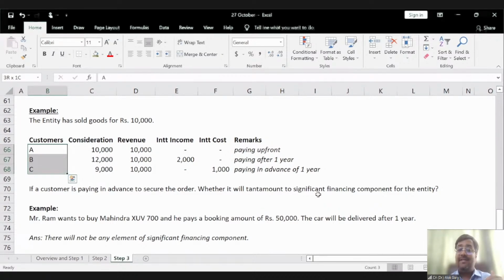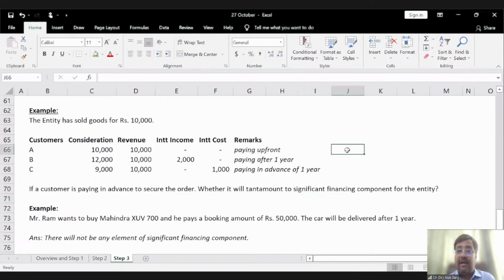The third customer is ready to pay upfront, but the delivery will be after 1 year. So that is why the entity has given a discount. But this discount is not in the nature of a discount on revenue. This is in the nature of interest cost. So the top line, the revenue, has to be 10,000, and the cost has to be 1,000. So Sumit, this is the guidance given in the standard, right?